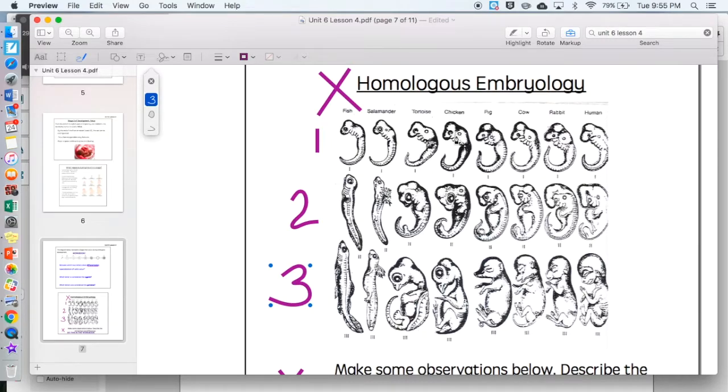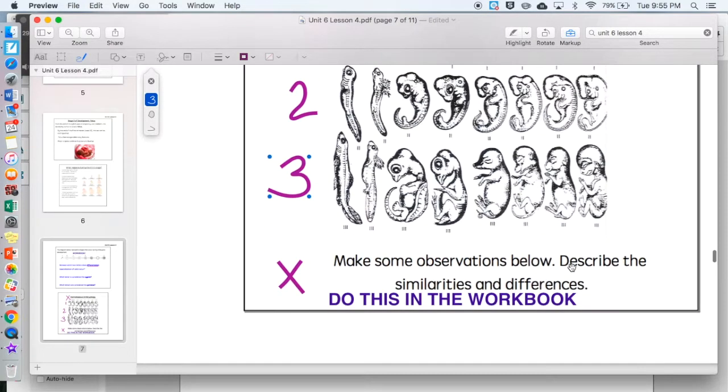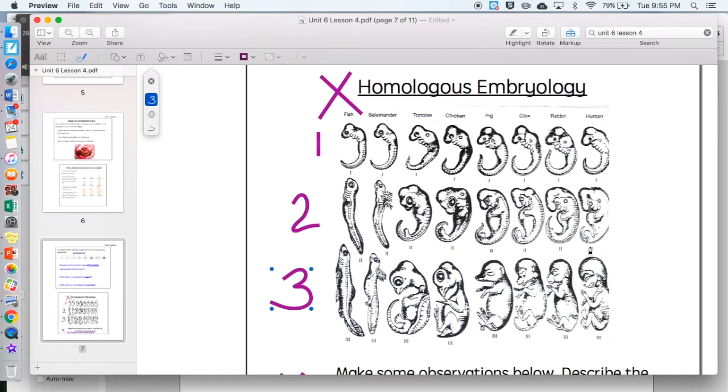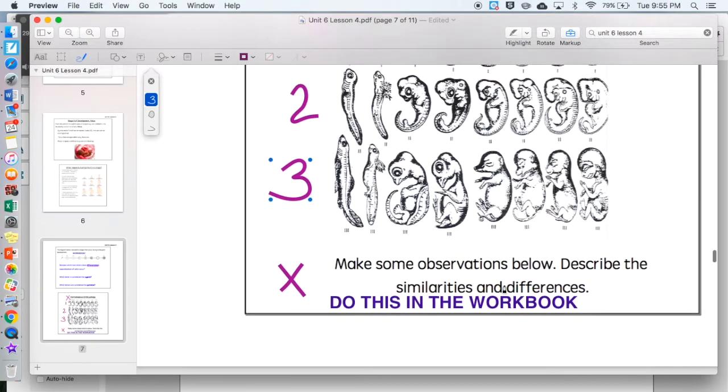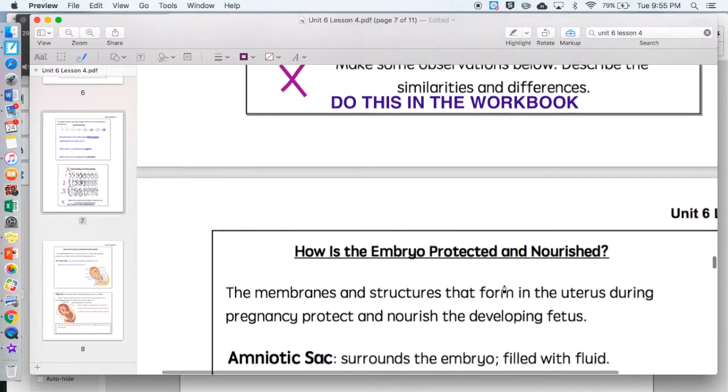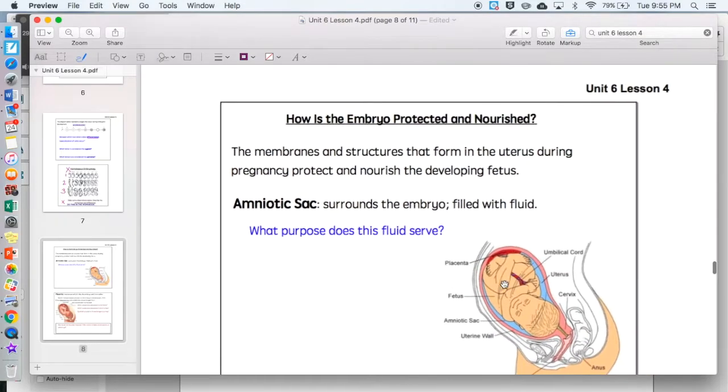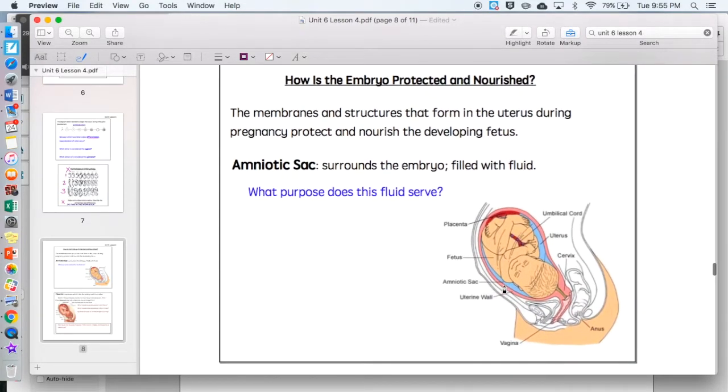A salamander, a tortoise, you can see its little shell, a chicken, a pig, a cow, a rabbit, and a human. All right? So I want you to know that this is not completely accurate. This was doctored to prove a point, but just make some observations because there are some similarities. We'll go over that tomorrow.